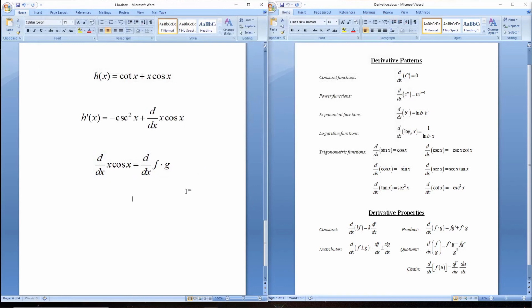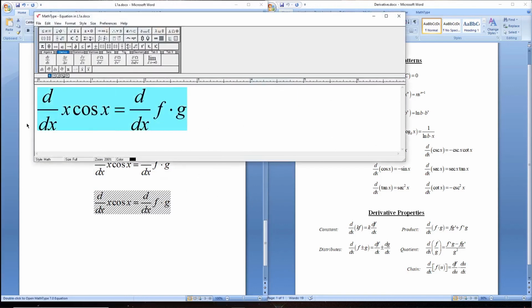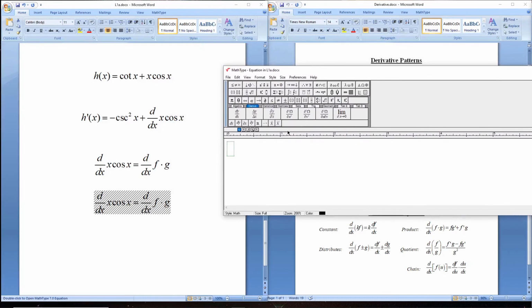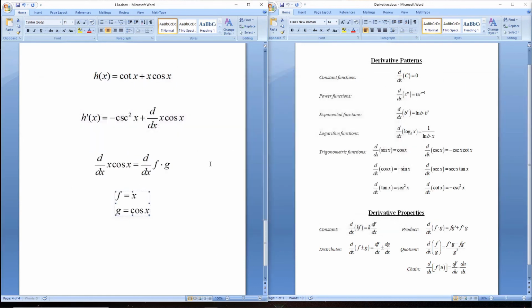And then we're just going to write that down. So f is x, and g is cosine x. Those are the two functions we are identifying in this other function h.